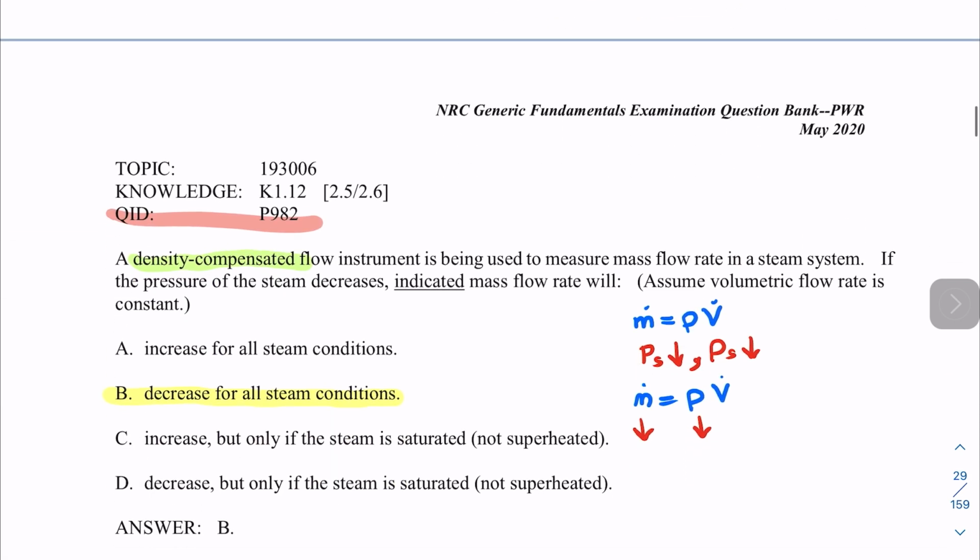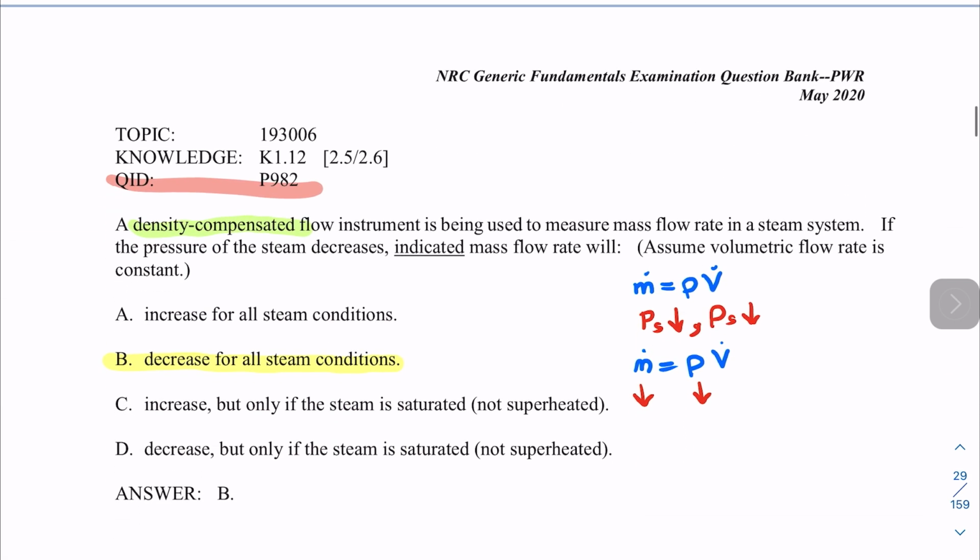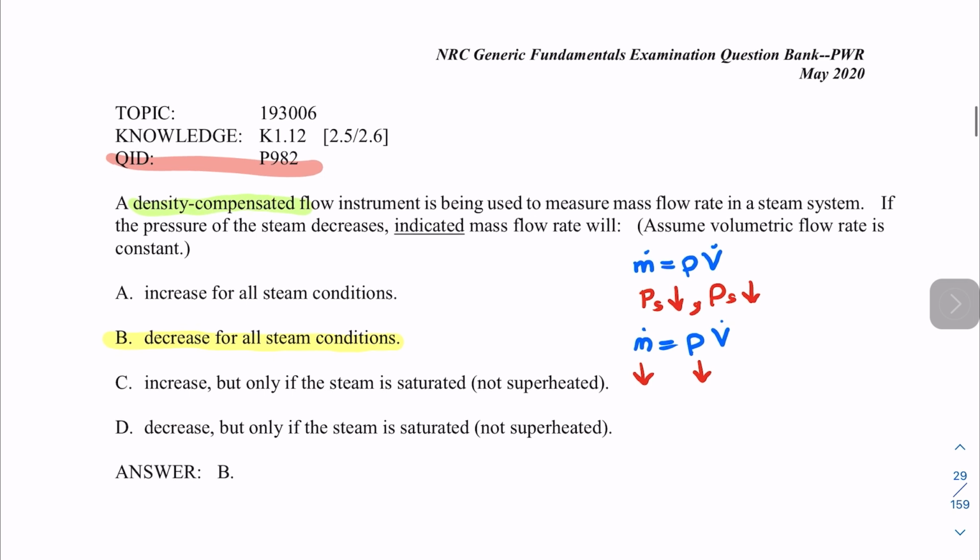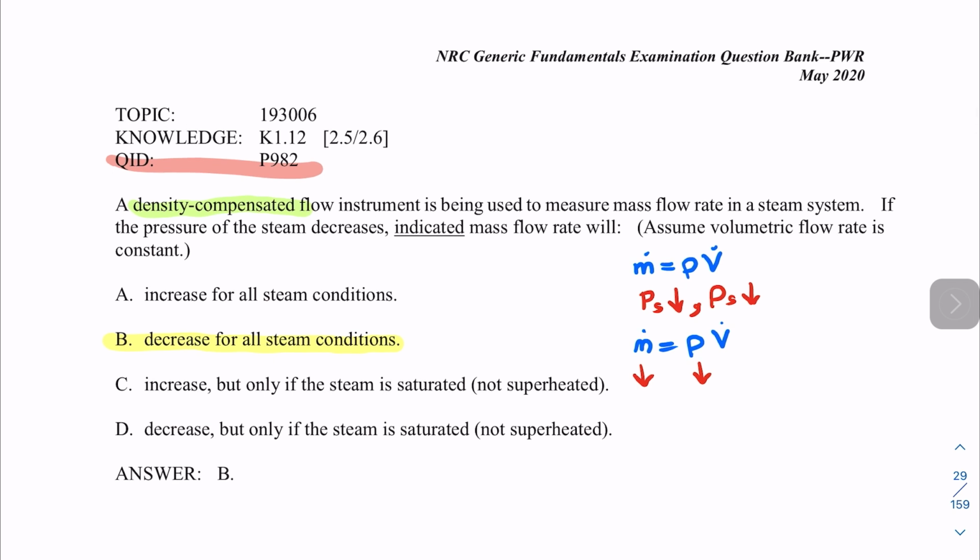So now we have question P982. This question says a density compensated flow instrument is being used to measure mass flow rate in a steam system. If the pressure of the steam decreases, indicated mass flow rate will, okay, so let's go part by part.